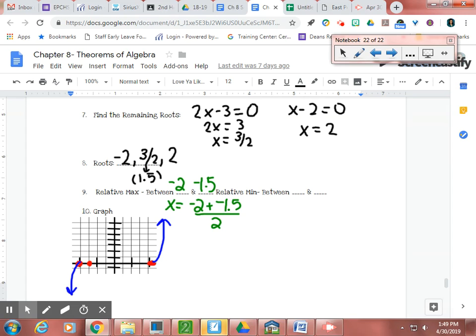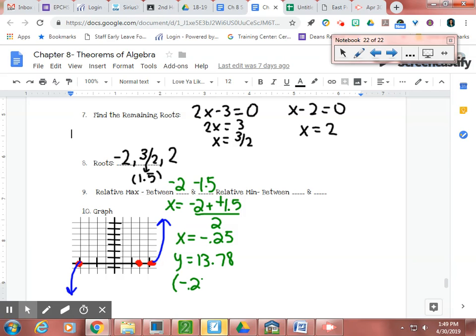Oh, that 1.5 is positive. So that should go right there. When you add those together and divide, you're going to get that your x value is negative 0.25. And you're going to plug that back into your equation and get 13.78 for your y value.